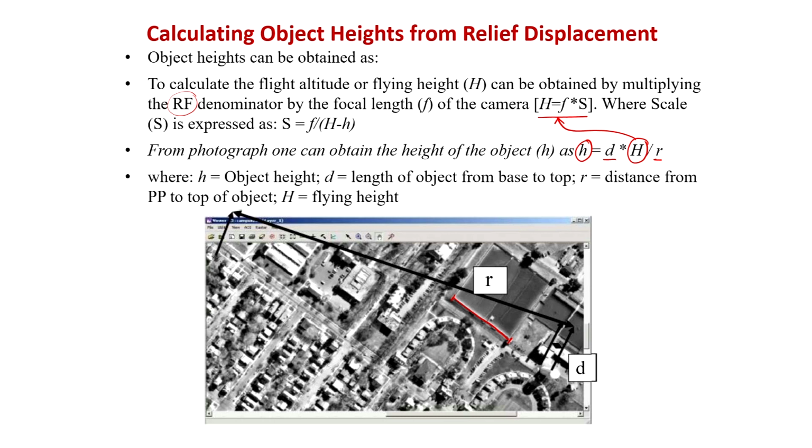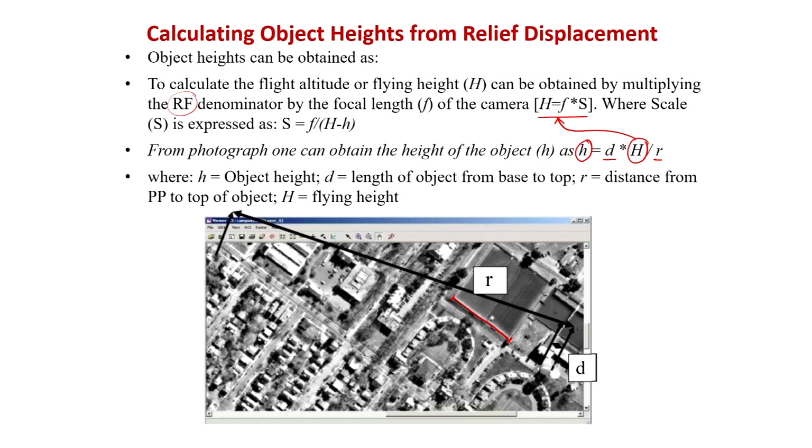Here small h is the object height, d is the length of the object from the base of the photograph, or you can say the principal point, and r is the distance from the PP.